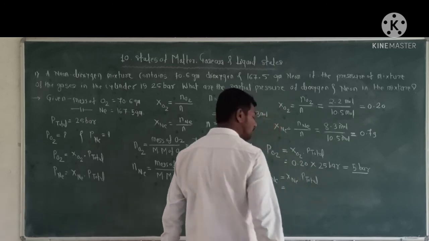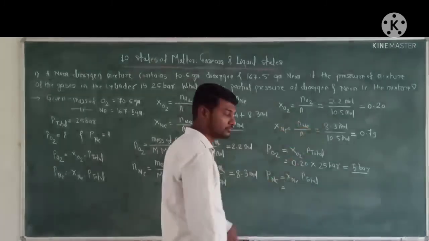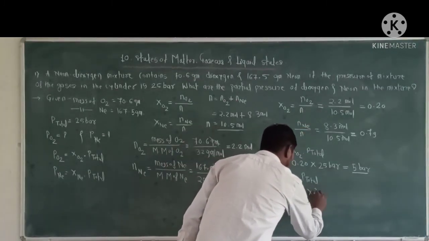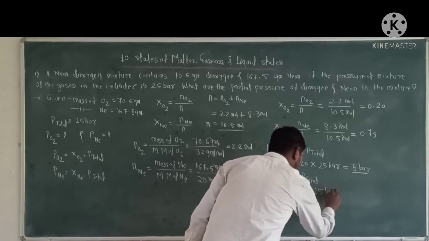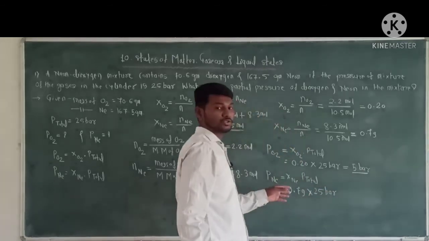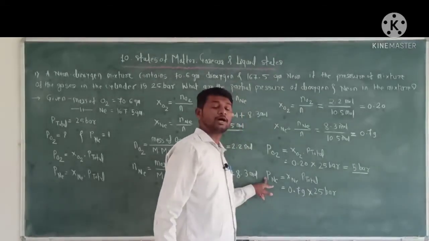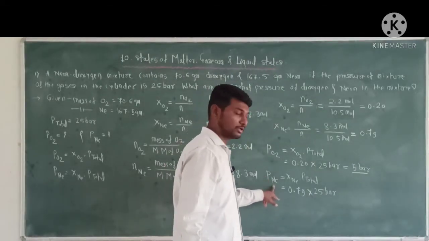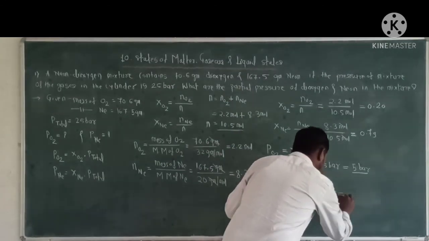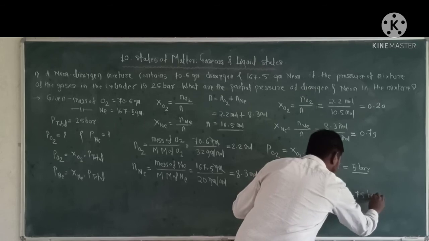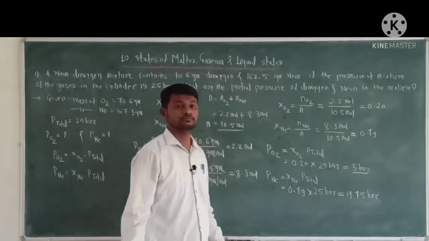Now mole fraction of neon is 0.79 into P total is 25 bar. Solve this equation, we get the final answer, that is partial pressure of neon is 19.75 bar.